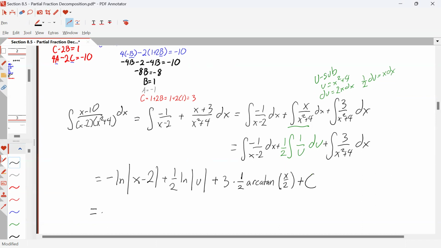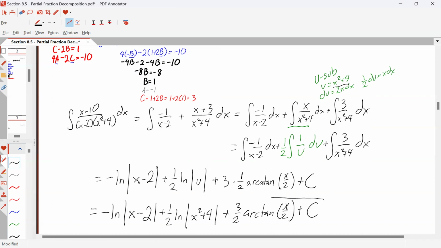So simplifying some things down and replacing back our u, we get the negative natural log of the absolute value of x minus 2 plus 1/2 the natural log of the absolute value of u, x squared plus 4, plus 3/2 arctan of x over 2 plus c.